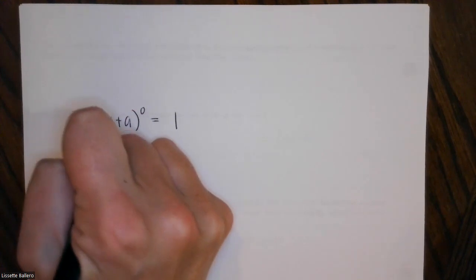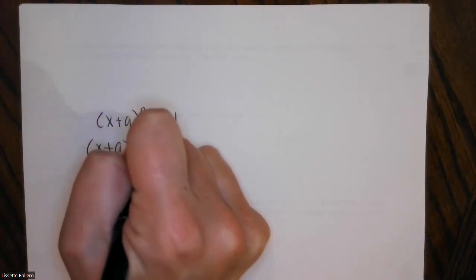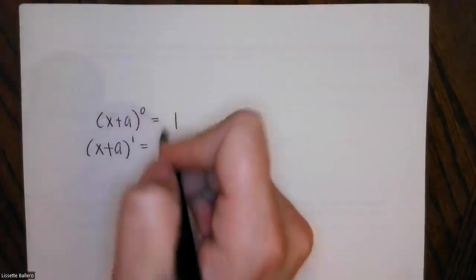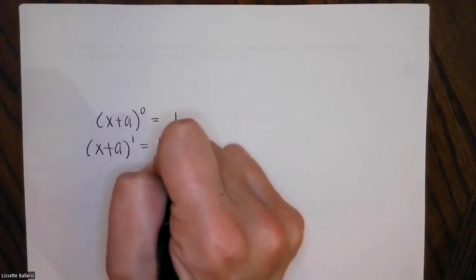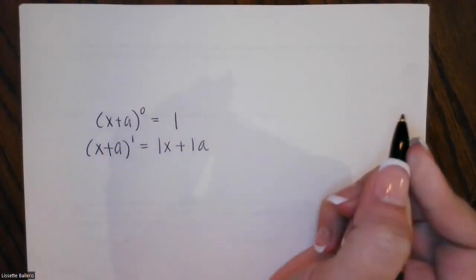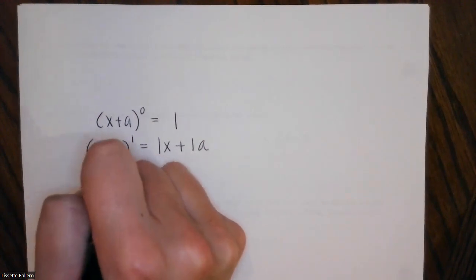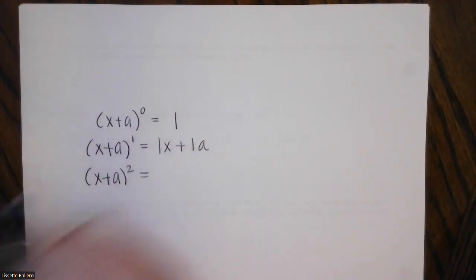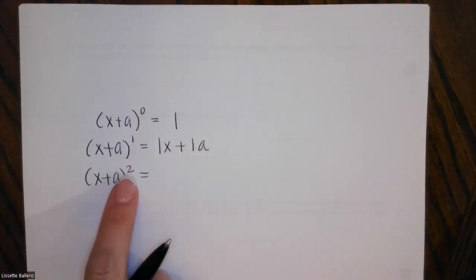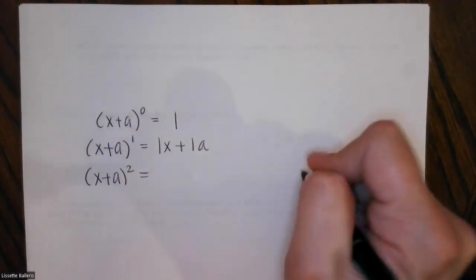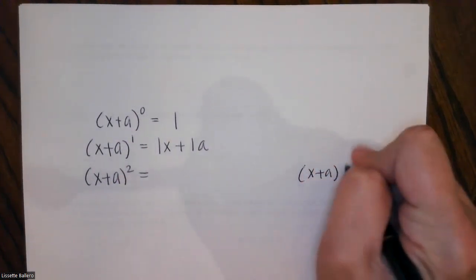So we've got that. Now let's do x plus a to the first power. When we get this to the first power, that would be 1x plus 1a. Now if we did x plus a to the second power, remember x plus a to the second power means x plus a times x plus a. And so we would FOIL that.